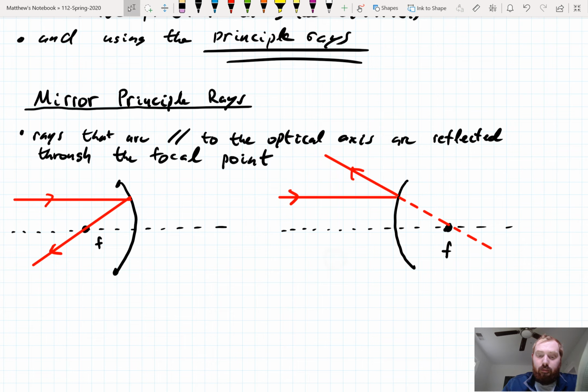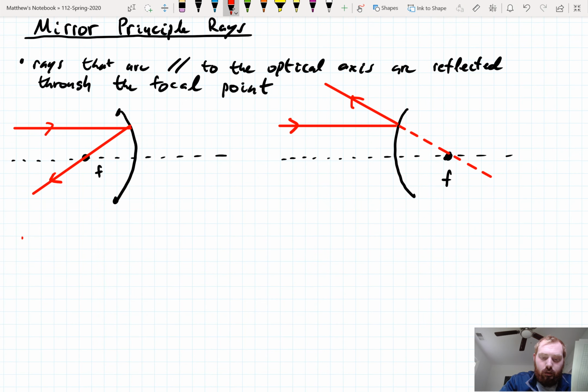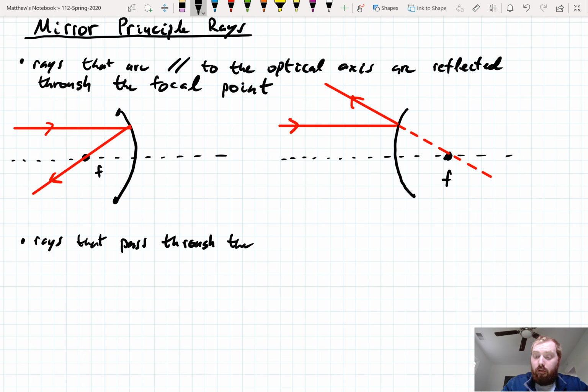So let's go on to our next one. Our next principal ray: rays that pass through the focal point get reflected parallel to the optical axis.